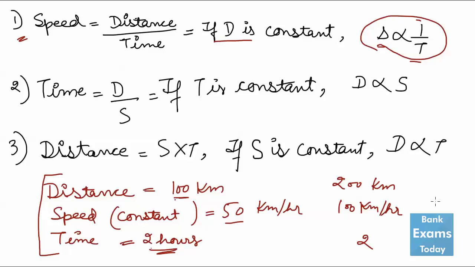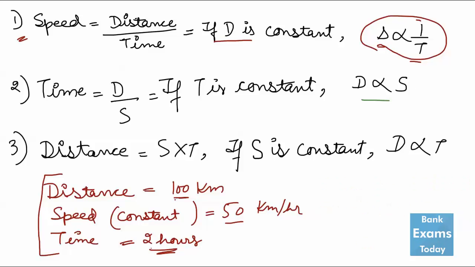If the speed decreases to 25 kilometers per hour, in 2 hours the person can cover 50 kilometers. So as the speed increases, the distance covered also increases, and as the speed decreases, the distance covered also decreases. So these are directly proportionate.